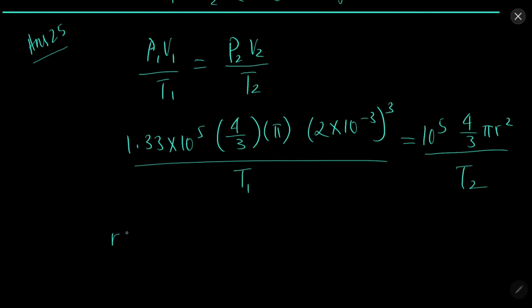So from this r will come out to be 2.19 into 10 to the power minus 3.